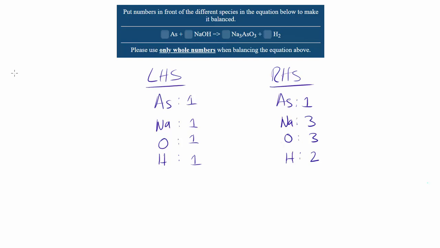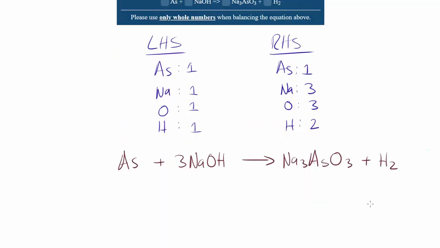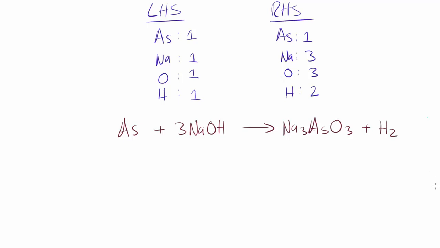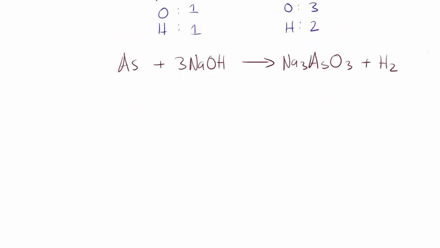So the new equation would be As plus 3 NaOH produces Na₃AsO₃ plus H2. Now, we've not changed anything on the right hand side, so our count when we do the next stage of the auditing process will more or less be the same.